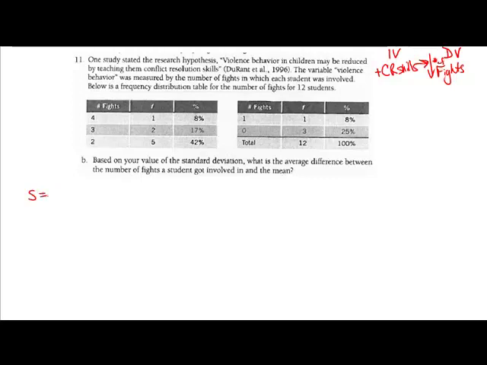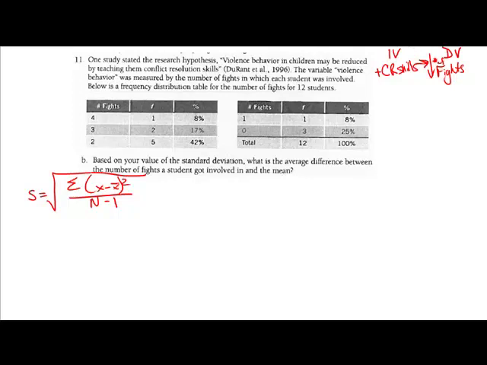Remember, our standard deviation is the square root of our equation for variance, which is the sum of x minus x bar squared divided by n minus 1. I have a sample here, right? I don't have every student in every school, so I'm still calculating the standard deviation of my sample.